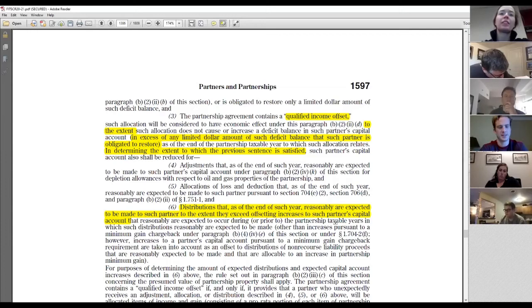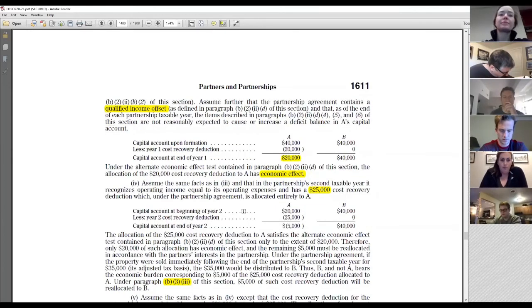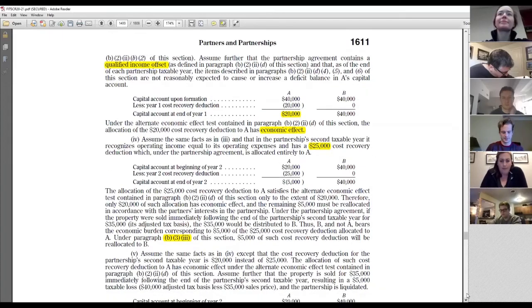Okay, so we're going to build up, or cushion, our capital account to account for these future distributions. So this is illustrated in example 5, example 1, 5 little i's. Going back to our example, the one we skipped over.